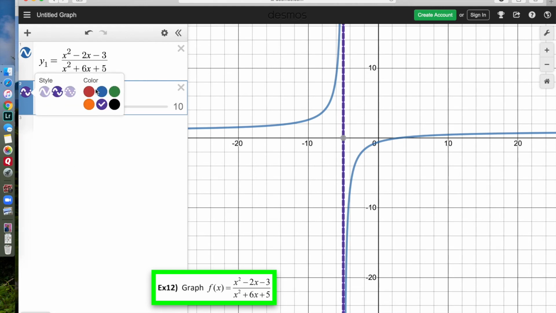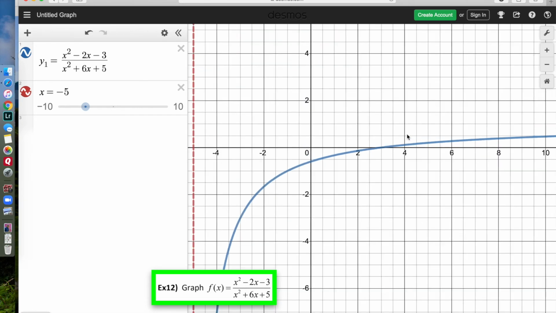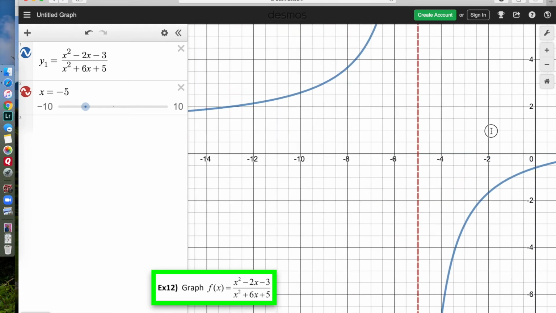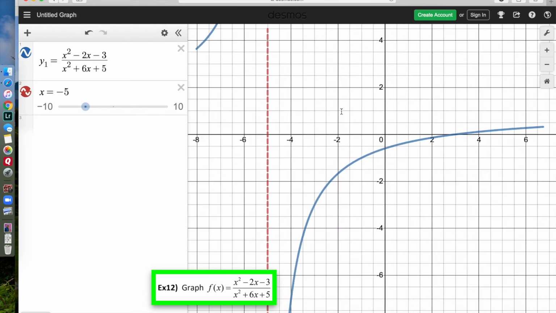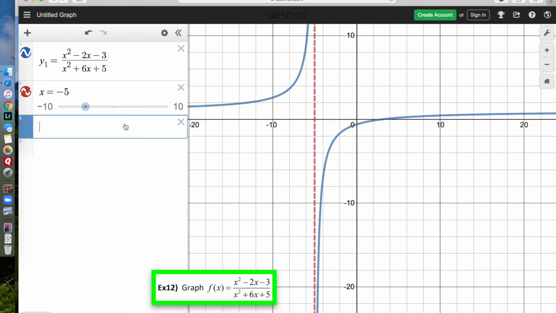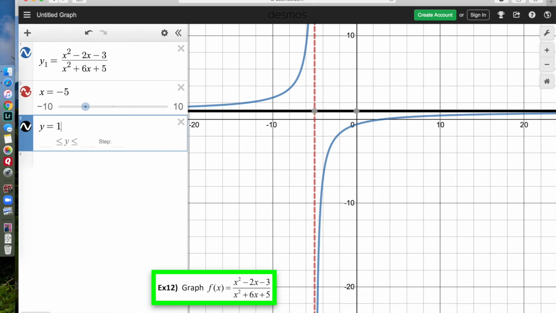I'm going to make it a dotted red line, and it looks like I've got that asymptote fairly well nailed down. And then it looks like I have a horizontal asymptote maybe at y equals 1. So let's try y equals 1 for the horizontal asymptote, and hint, I've done these problems ahead of time, so I'm not actually guessing.